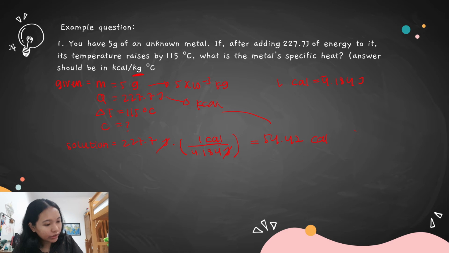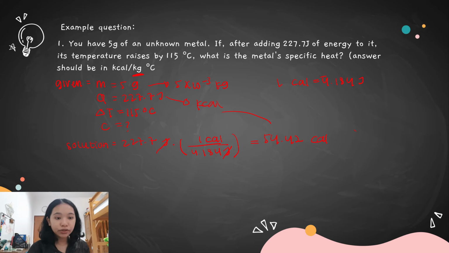So 1 kilocalorie equals to 1000 calories. So we write it down as like this: 1 kilocalorie equals to 1000 calorie. This is because we need to cancel out the calories, so we are left with kilocalorie. So it's 54.42 divided by 1000.